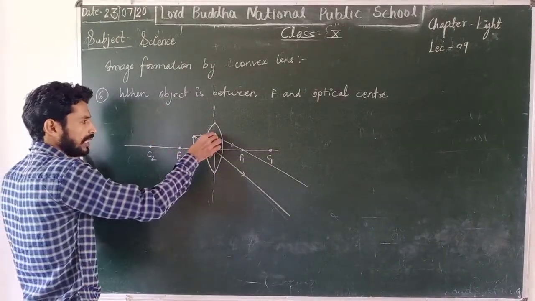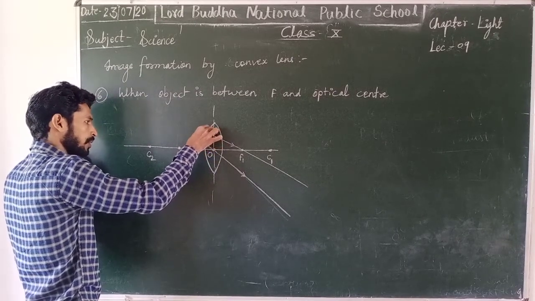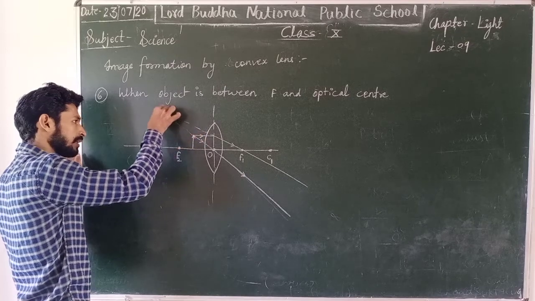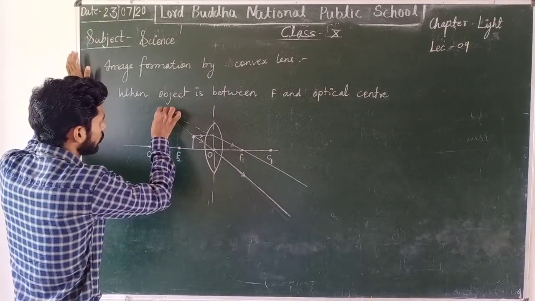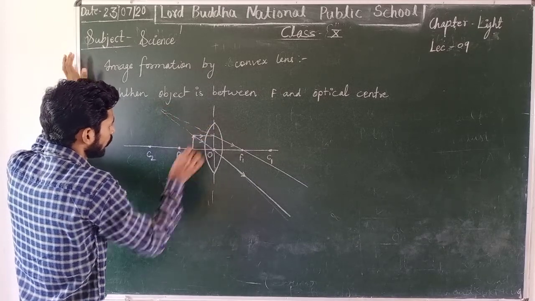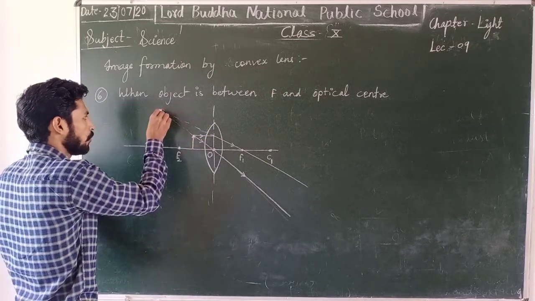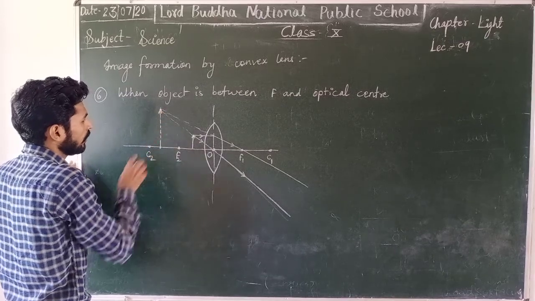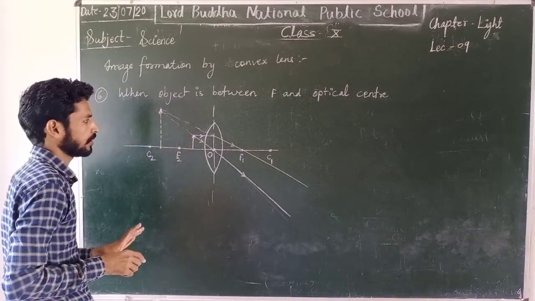But on the back side of the lens, if we extend these lines, we can check at any point these lines will intersect each other, and at that point the image will be formed.